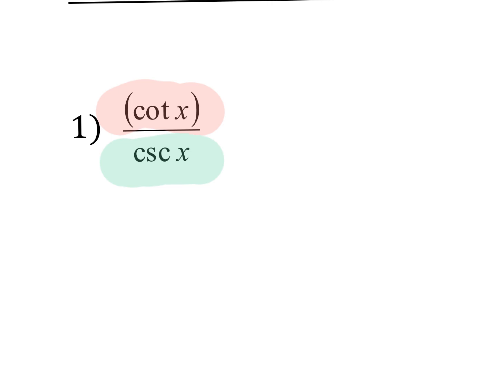Where are your identities? Cotangent of x, how are we going to rewrite that? If you haven't written out your reference sheet yet, you better. Sines and cosines, quotient identities, not reciprocals. Oh, sine x over cosine? Read that again. Cotangent of x is what? Oh, cosine x over sine. There you go. Okay, so cosine of x over sine x. That's how we want to rewrite that cotangent.